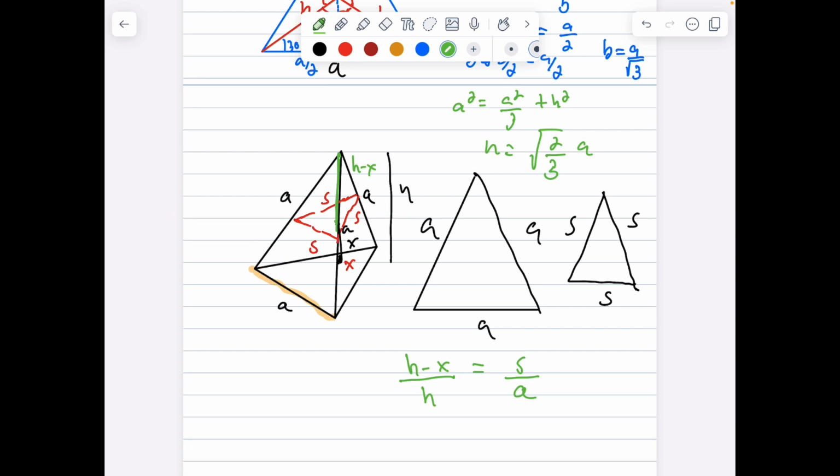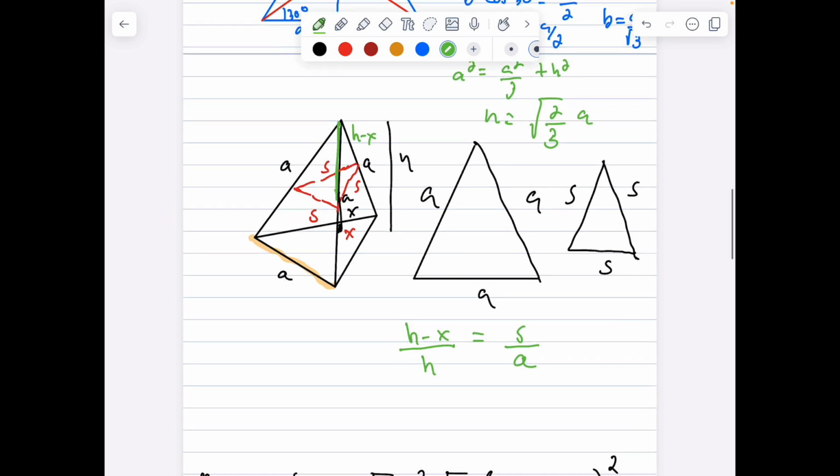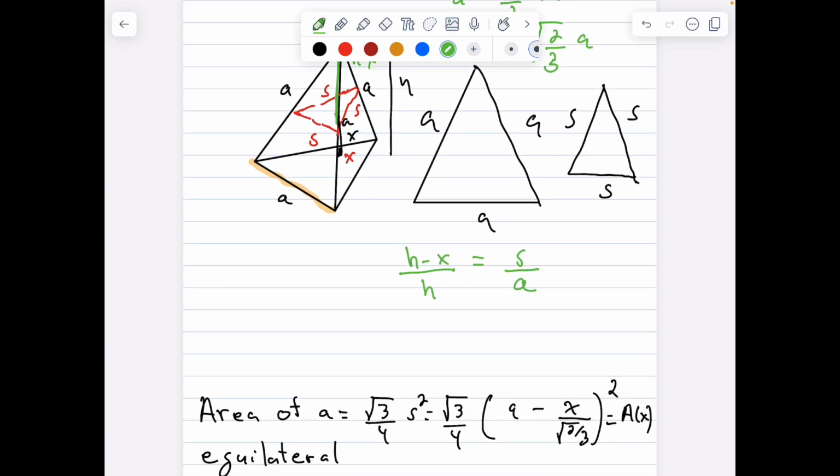And I'm not going to go into more details on how I got that, because it'll take a while for us to derive. So h minus x over h equals s over a. So s equals a times h minus x over h, which if you did the math, would be a minus x over root 2/3, okay?